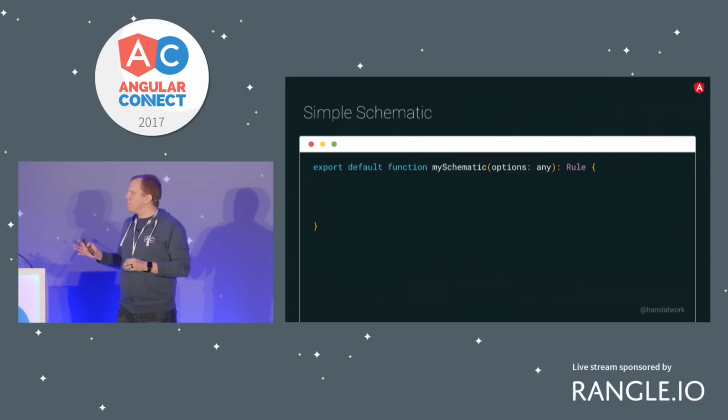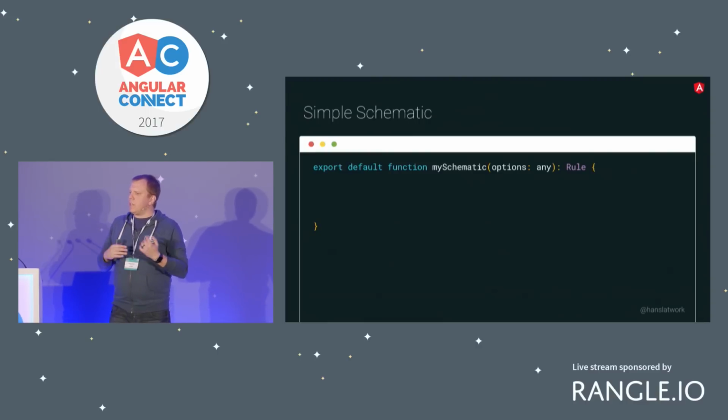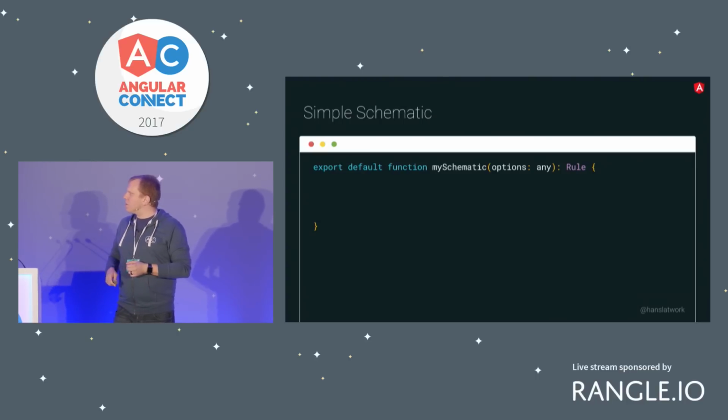The options are provided for you externally, and it returns a rule. For example, if you run ng generate --x=y, options.x will be the string y. So it can come from the command line, or it can come from another schematic, and we'll see a little bit later how to compose schematics.